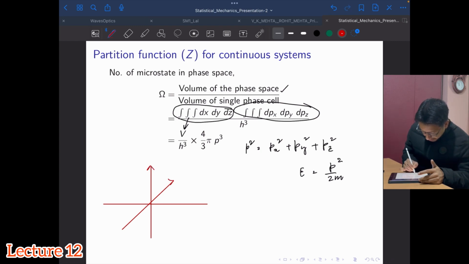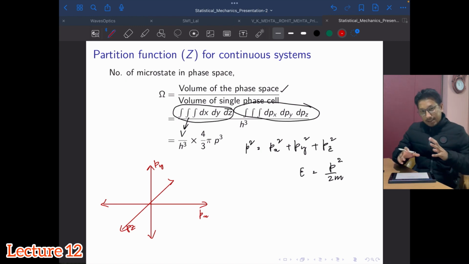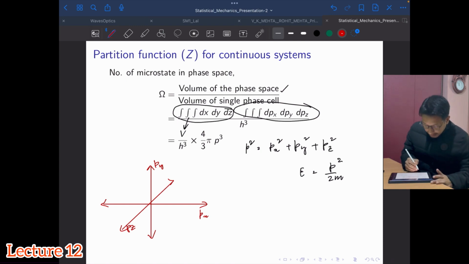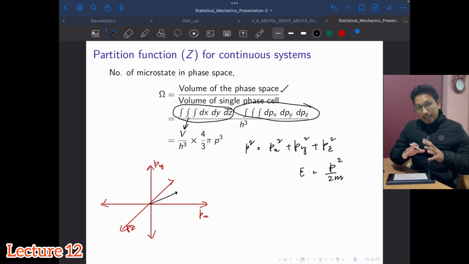These are px, py, pz, all these three axes. The p square represents a radius r, so the radius r here you can think of as p.